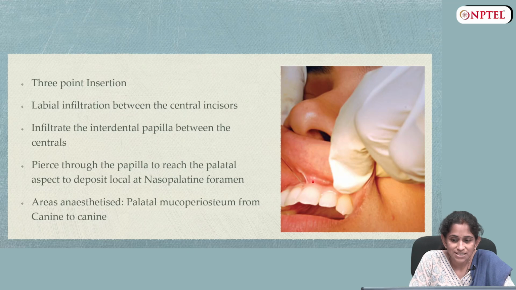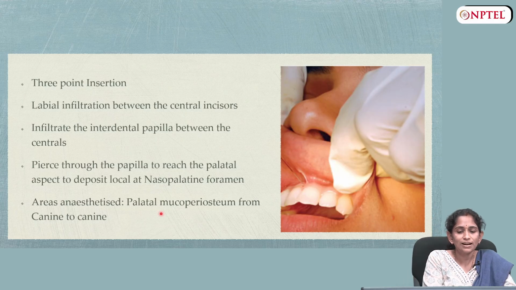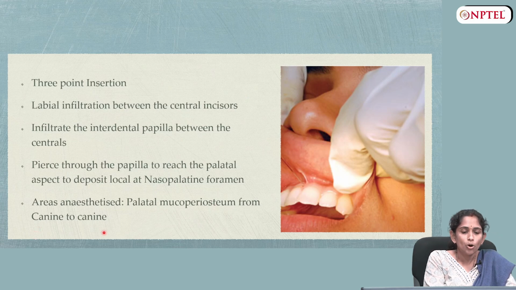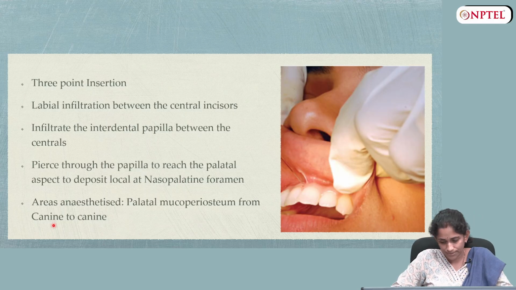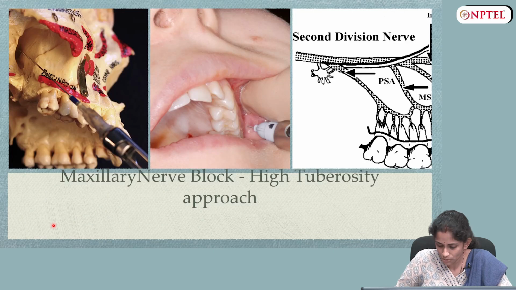Once you have done this, wait for 5 minutes to see if the area is anesthetized. Now, where is the area of anesthesia? We will see that the palatal mucoperiosteum from the canine to the opposite canine is completely anesthetized during this process. So, that is nasopalatine block. Now, what are the complications of nasopalatine block?